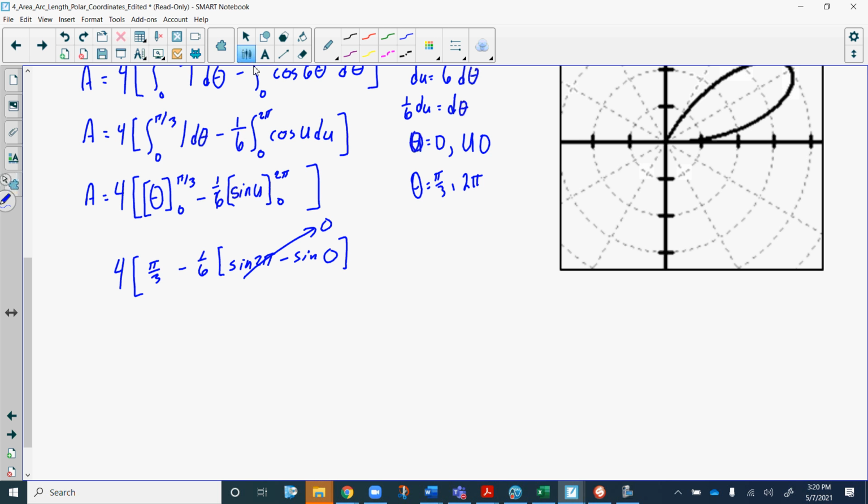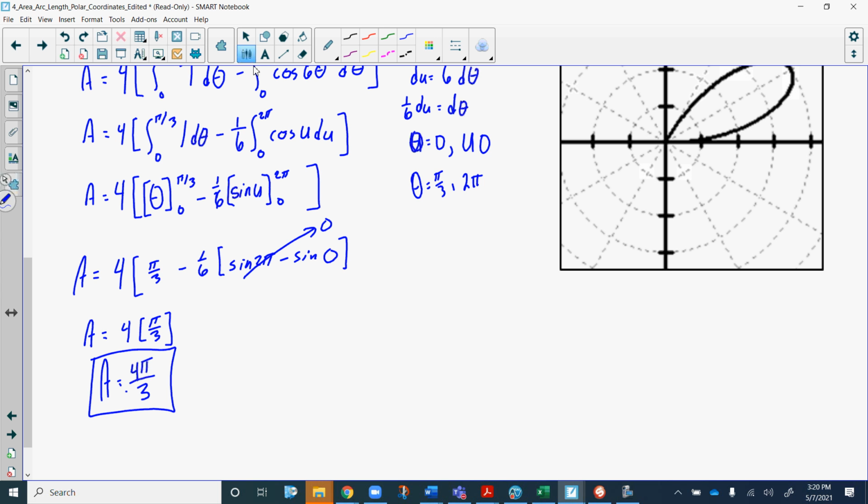So 1/6 times 0 is just 0. So I have 4 times pi over 3, and I forgot writing my area. So area is 4 pi over 3. And there we go. So one petal is 4 pi over 3 square units.